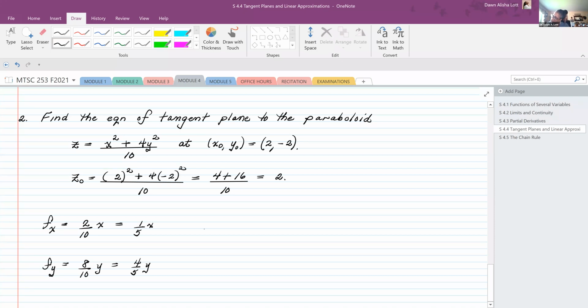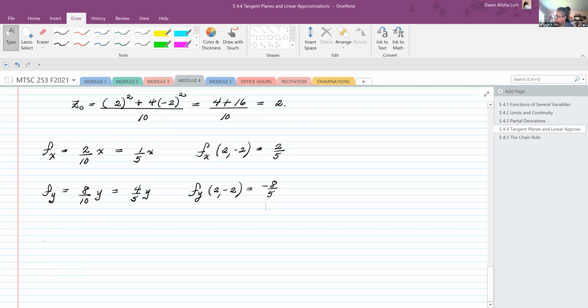So f sub x at 2, negative 2 is 2 over 5. And f sub y at 2, -2 is equal to -8/5.